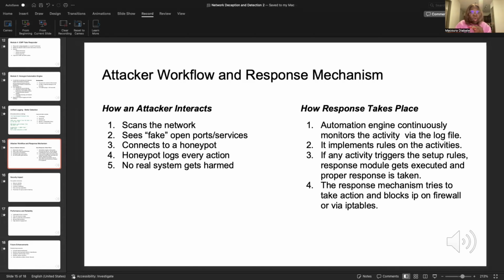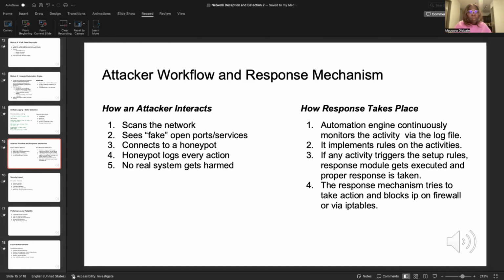Now here is where our automated defense kicks in. Step one, our automation engine is always watching the honeypot logs. It is constantly scanning for suspicious activity, 24/7, no break. Step two, when activity comes in, our system checks it against our security rules. We have programmed it with specific patterns that we know are dangerous.